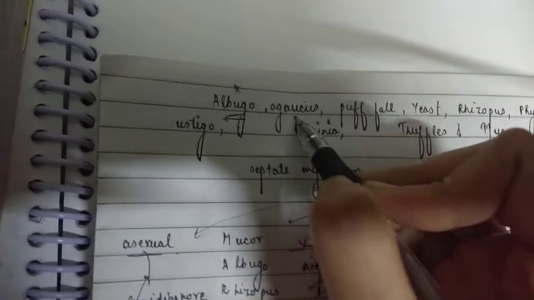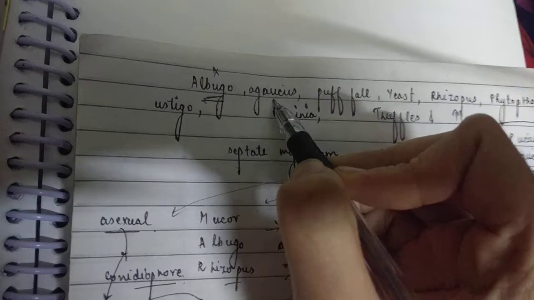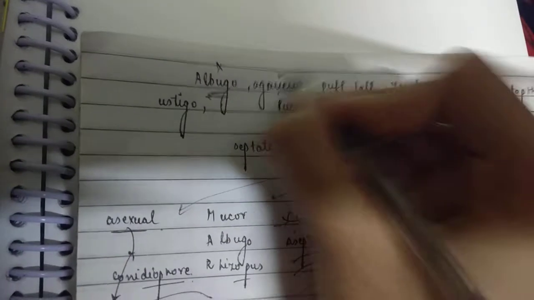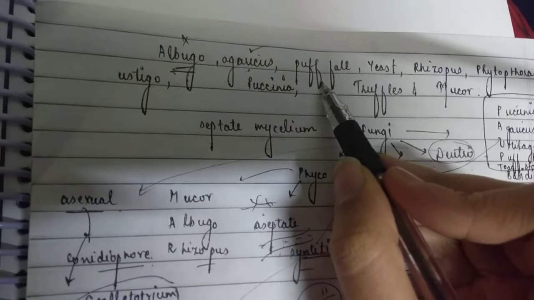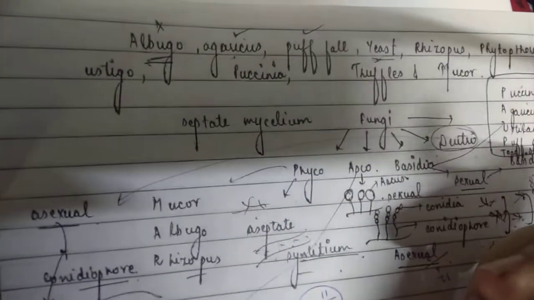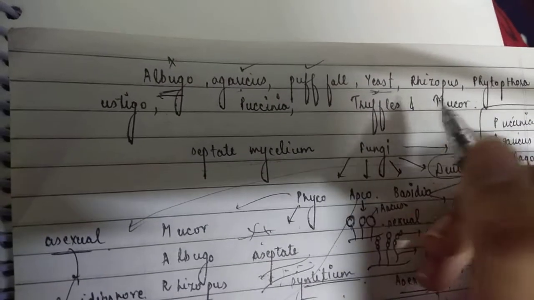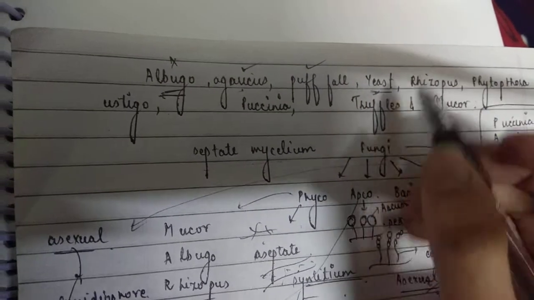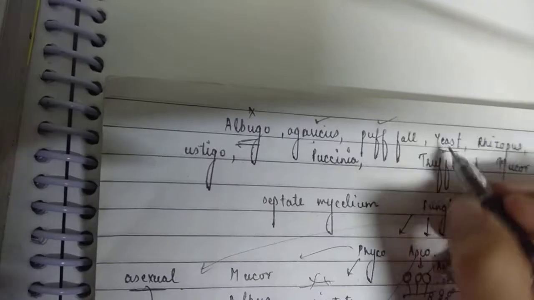Agaricus is Basidiomycetes, so it has septate mycelium. Puffball is also Basidiomycetes. And yeast is a unicellular fungus, also placed under Basidiomycetes, so it will also be there.